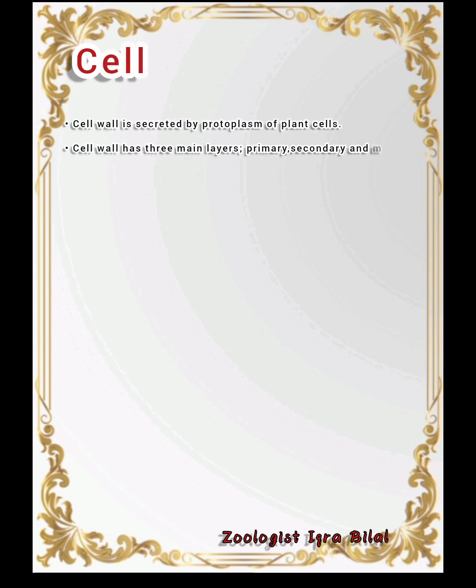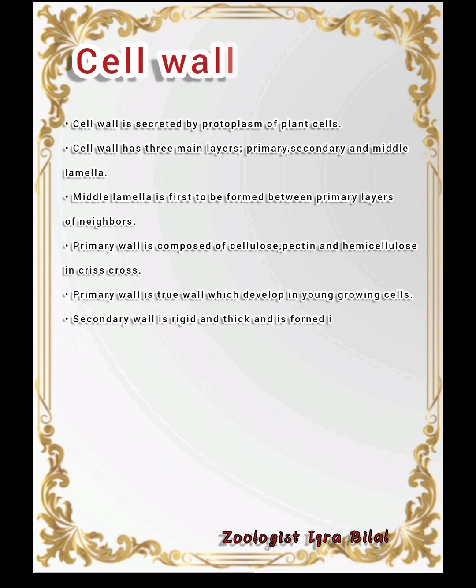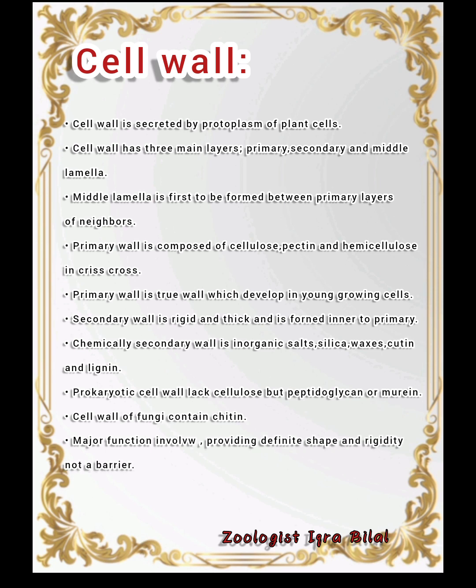Cell wall. The cell wall is secreted by the protoplasm of the plant cell. The cell wall has three main layers, which are primary, secondary, and middle lamella. Middle lamella is the first to be formed between primary layers of neighbors. Primary wall is composed of cellulose, pectin, and hemicellulose in crisscross.